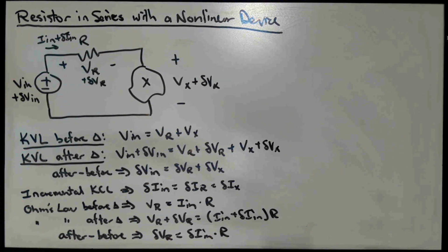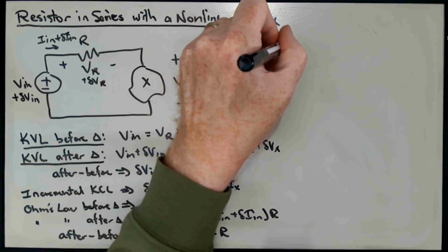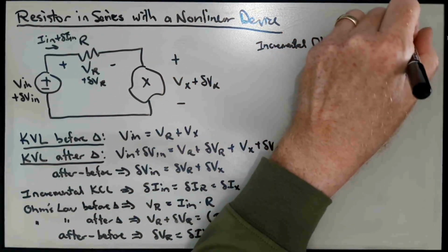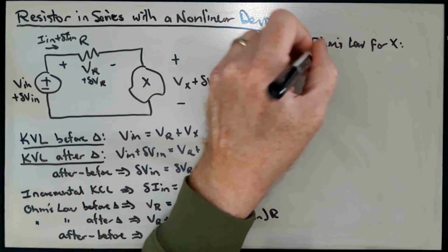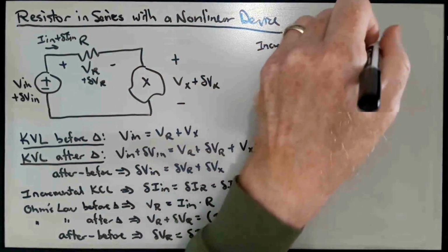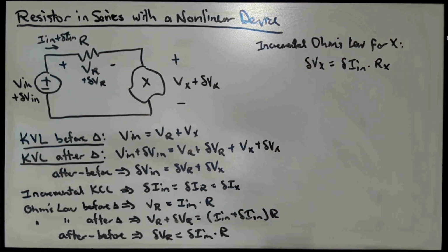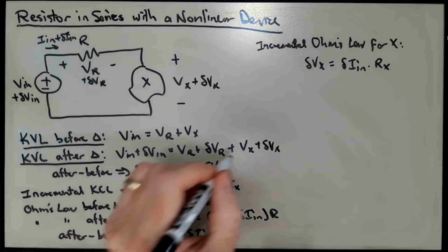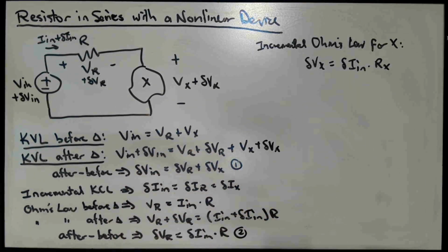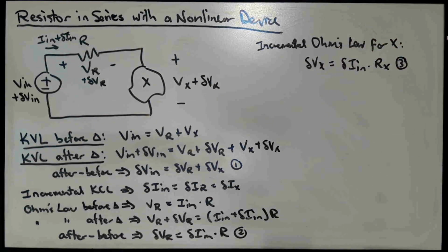So what are we interested in finding? Well, we know for device X, the incremental Ohm's law told us that delta Vx is equal to delta IN times R sub X. And so we have the incremental KVL expression, 1, the incremental Ohm's law for the resistor, 2, and the incremental Ohm's law for device X, 3.